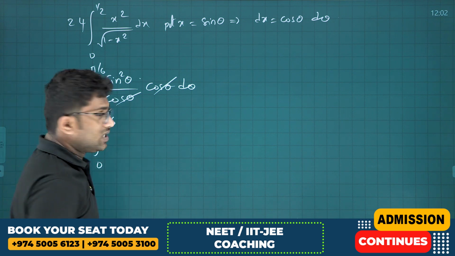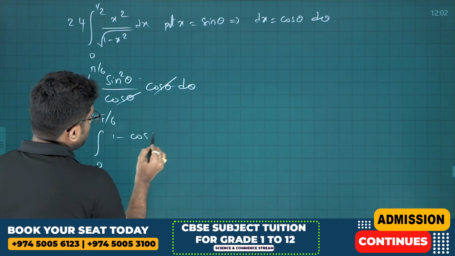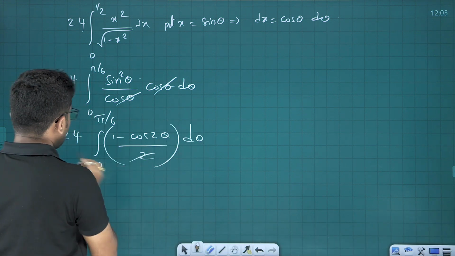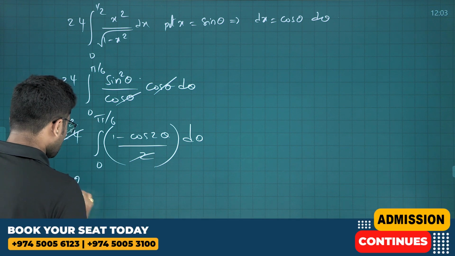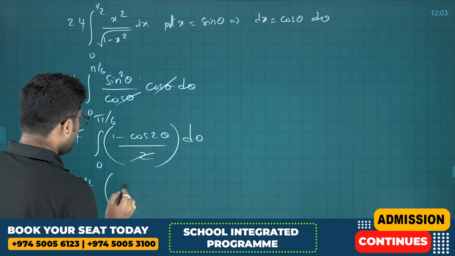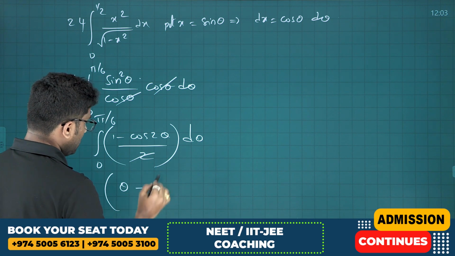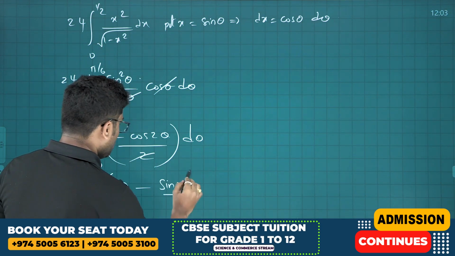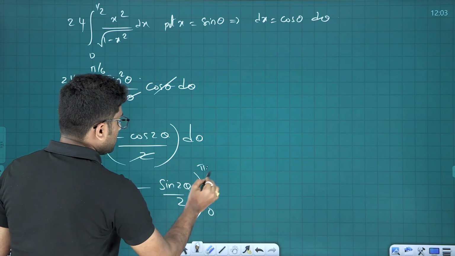So for sin^2 theta it is (1 minus cos 2 theta) by 2 d theta. So 2 ones are 2, 12s. So 12 times, for 1 it is theta minus, for cos 2 theta it is sin 2 theta by 2, from 0 to pi by 6.